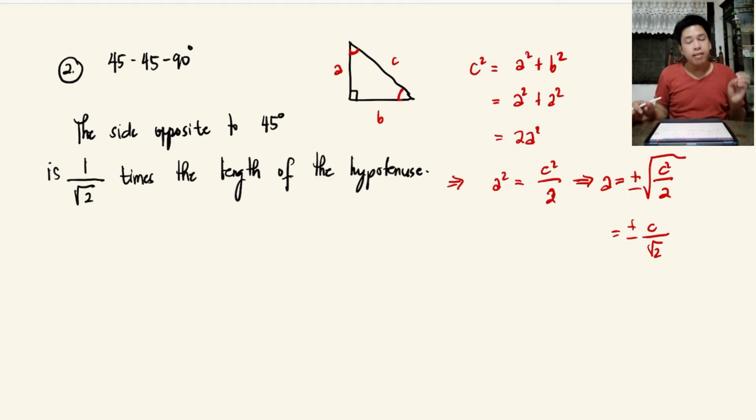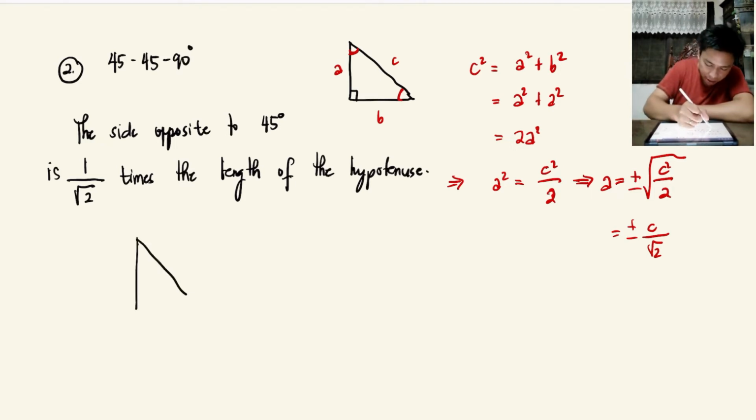So we can now state our theorem. The side opposite to 45 degrees is 1 over square root of 2 times the length of the hypotenuse. Let's consider this. You have a triangle here, and let's say your hypotenuse is 4.